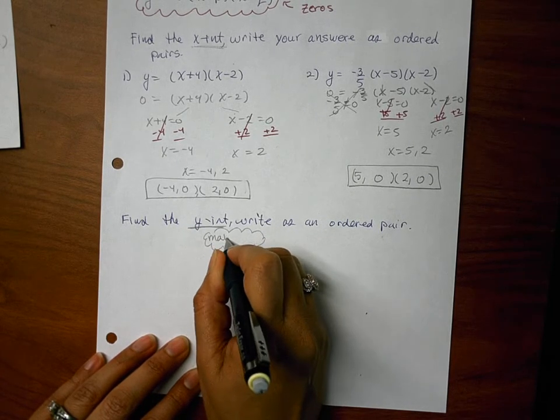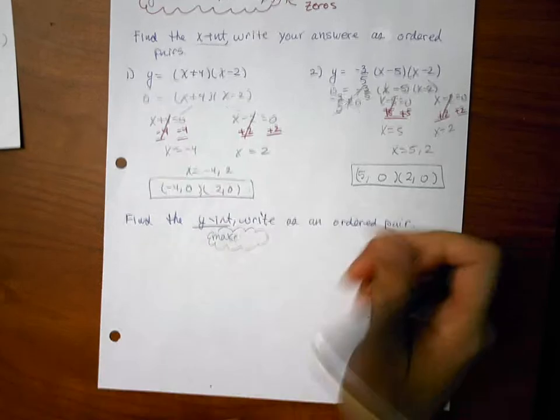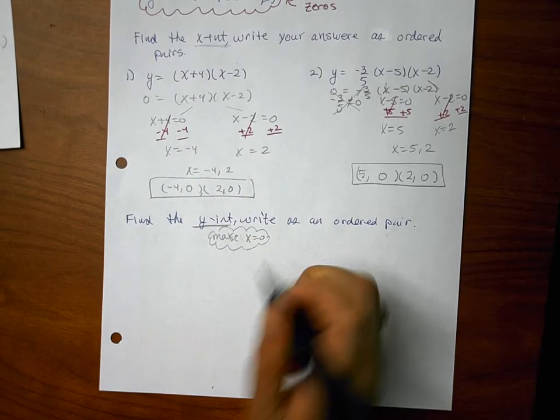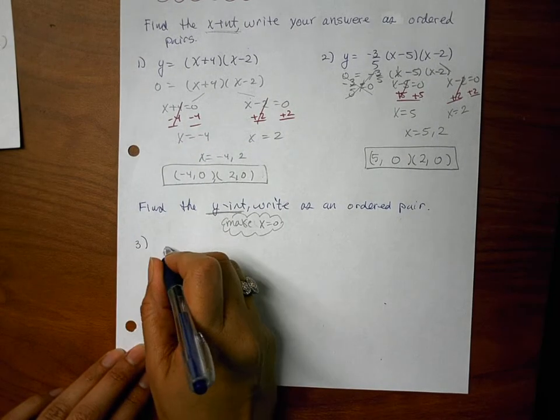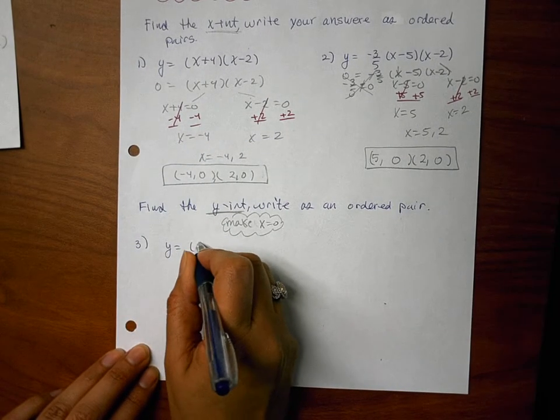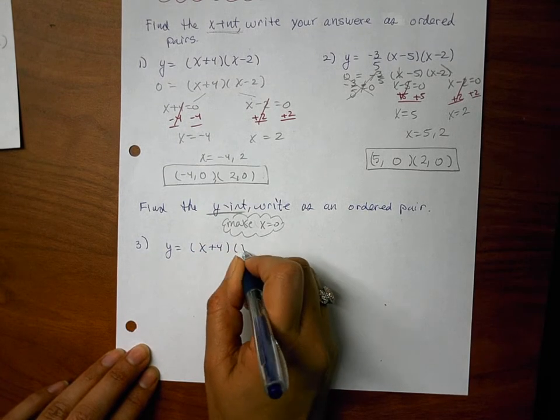We make x equal to 0. Okay, number 3, y equals the quantity of x plus 4 times the quantity of x minus 2.